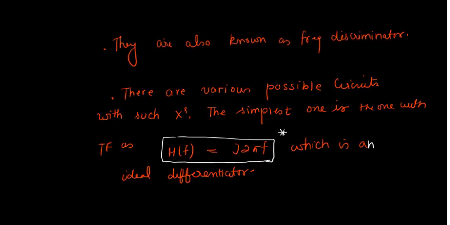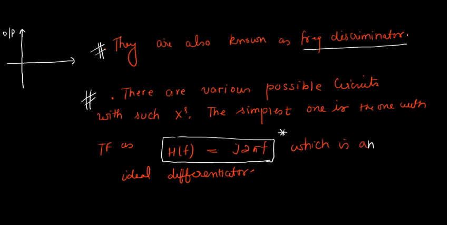So, we are summarizing here that this type of system is also known as a frequency discriminator. If I give you a precise definition of a frequency discriminator, any frequency selective network which possesses such a characteristic will be termed a frequency discriminator.